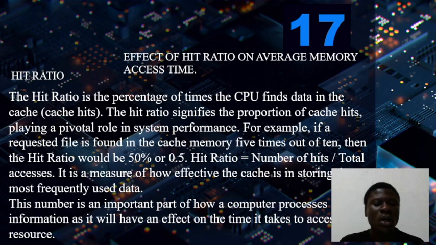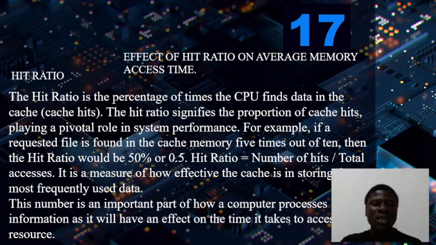For example, if a requested file is found in the cache memory 5 times out of 10, then the hit ratio would be 50% or 0.5, and the hit ratio can be calculated as the number of cache hits divided by the total accesses, where the total accesses is the cache hits plus the cache misses.